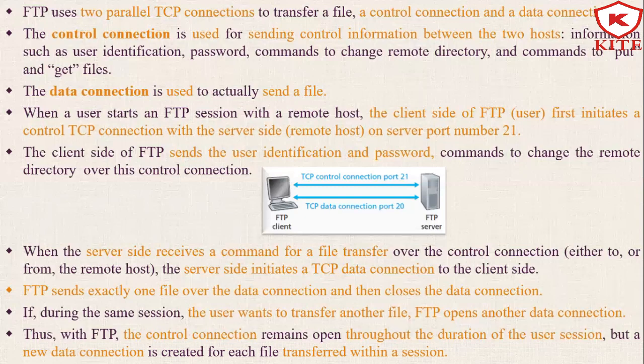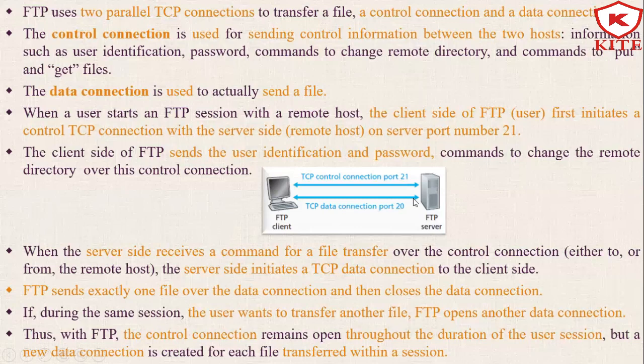Whenever a user starts an FTP session with a remote host, the client-side FTP first initiates the control TCP connection with the server side using the remote host on server port number 21. The client-side FTP sends the user identification and password and commands to change the remote host directory over this control connection.